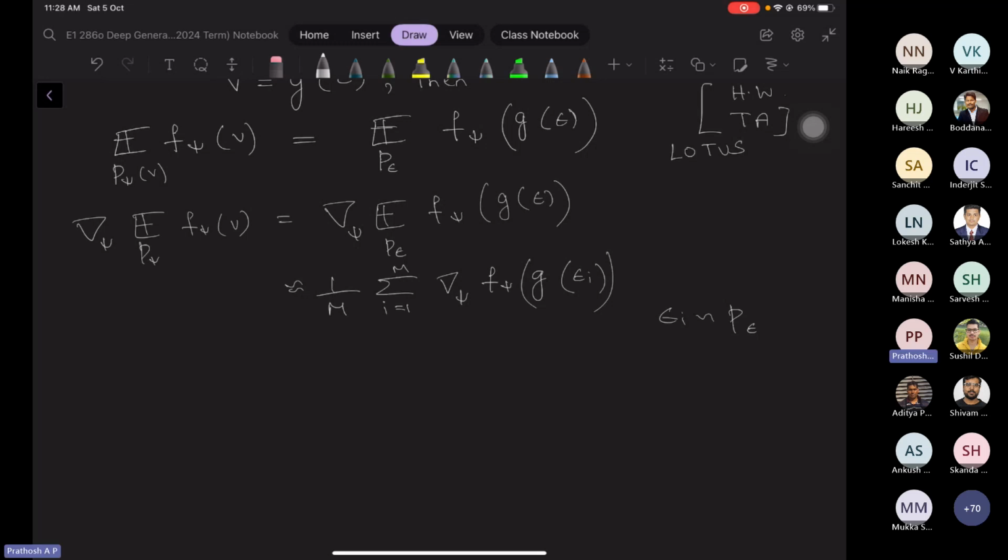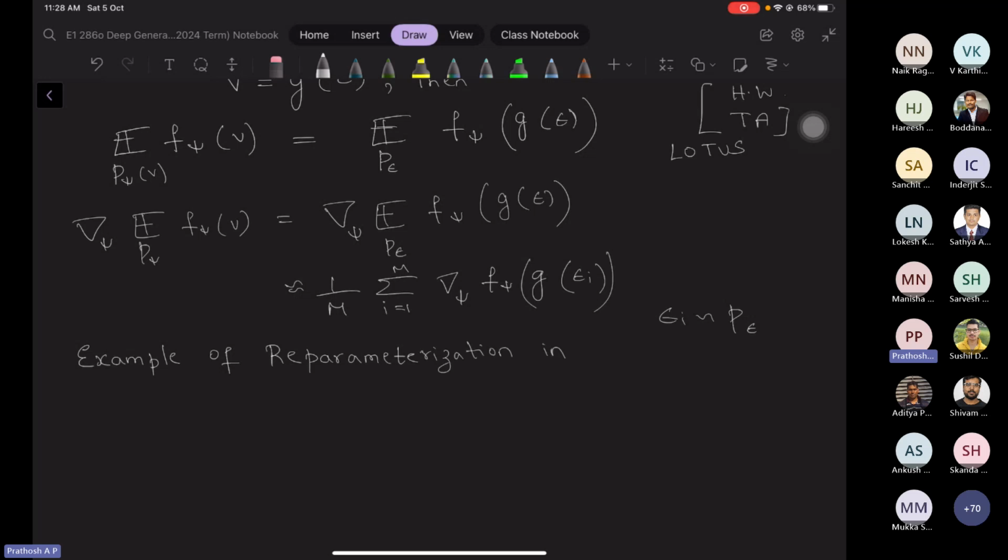Now let us look at an example of reparameterization. Somebody asked me how to do that. Example of reparameterization.